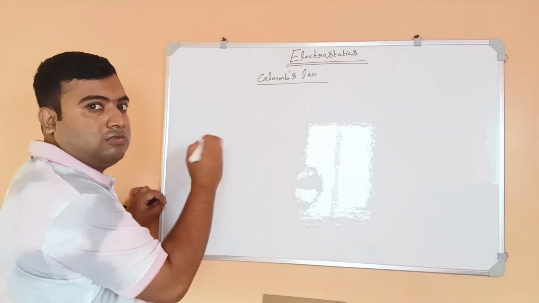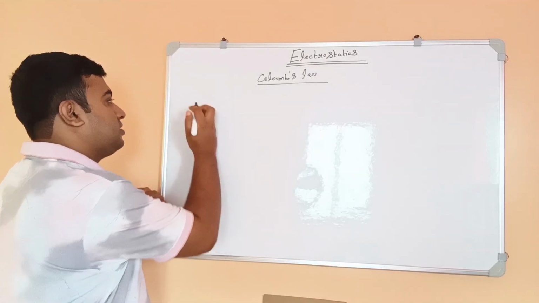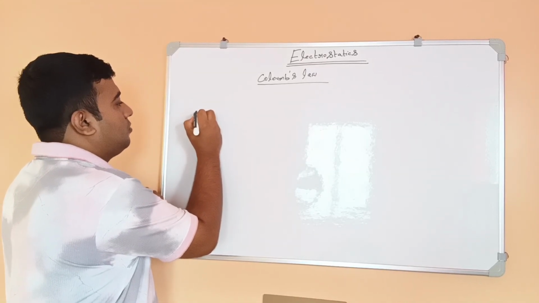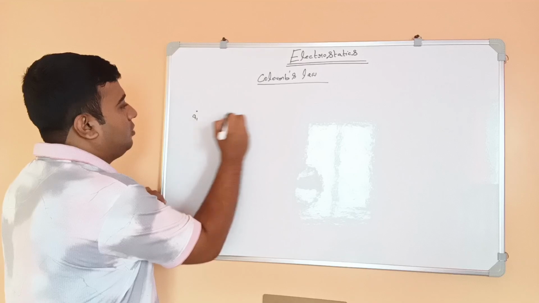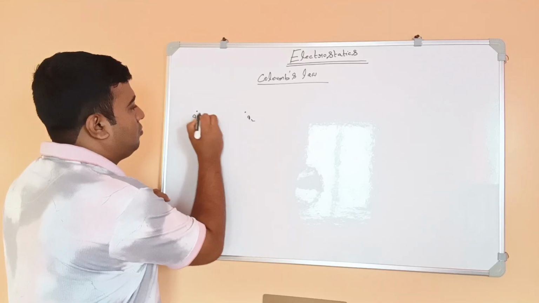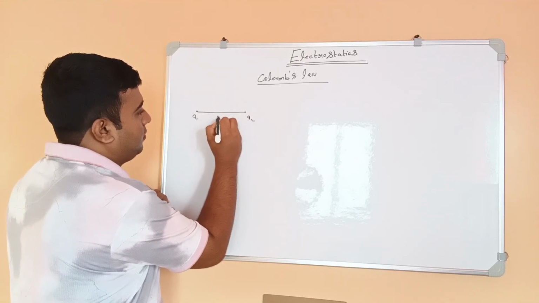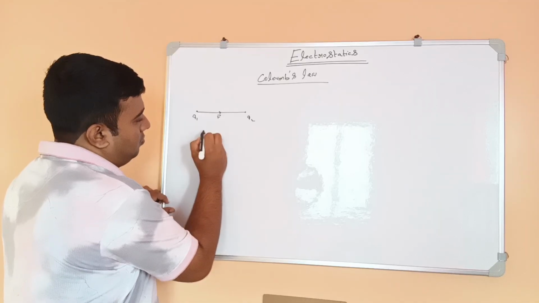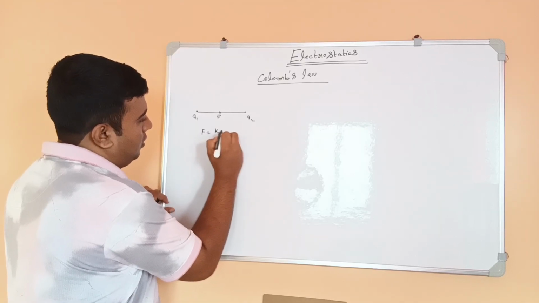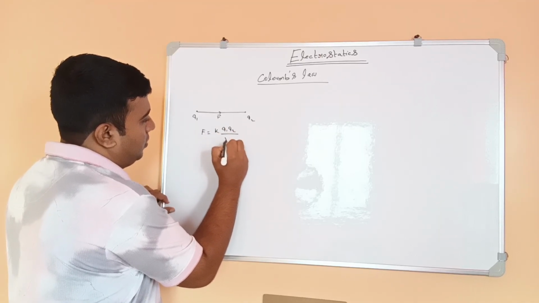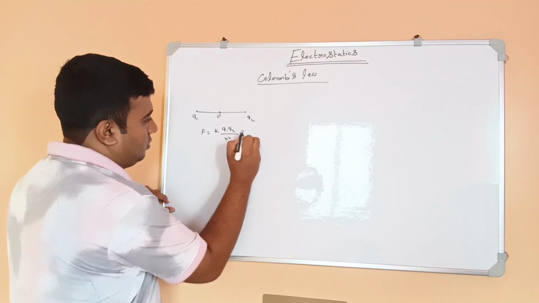So we are talking about Coulomb's law. The two point charges q1 and q2 are there, and the separation between them is the r vector. So the force is k q1 q2 by r square into r hat.